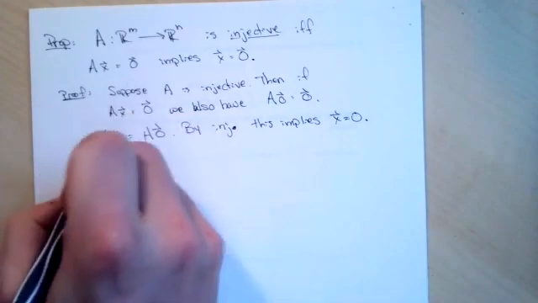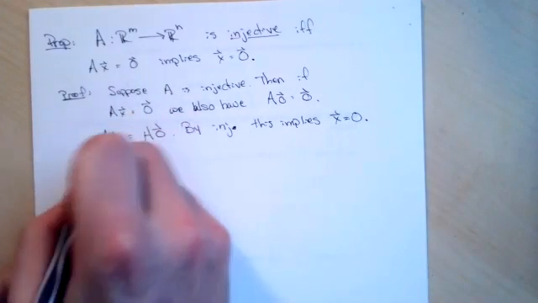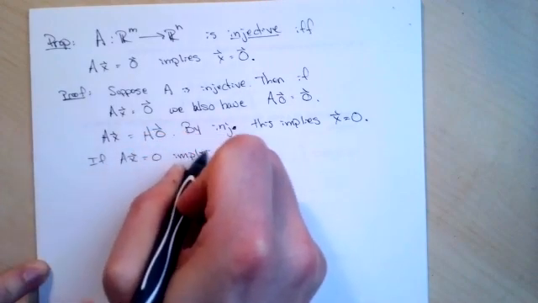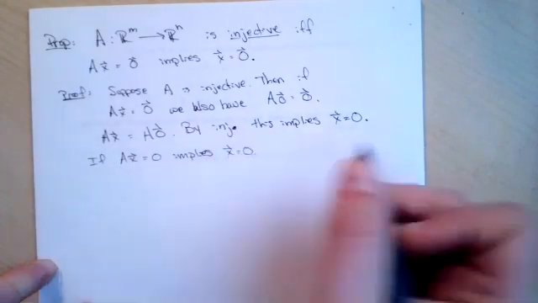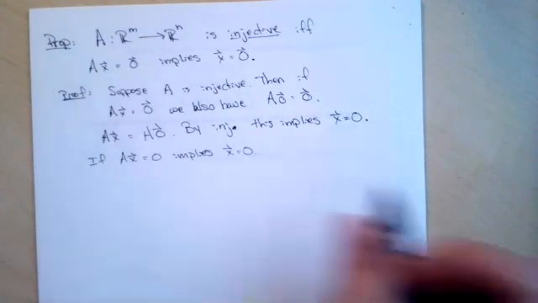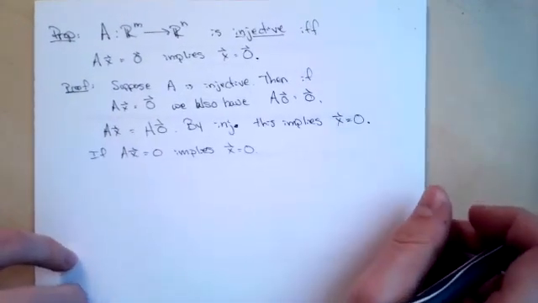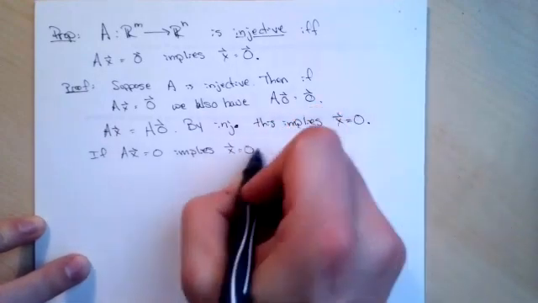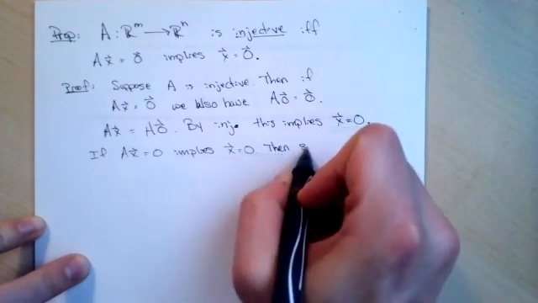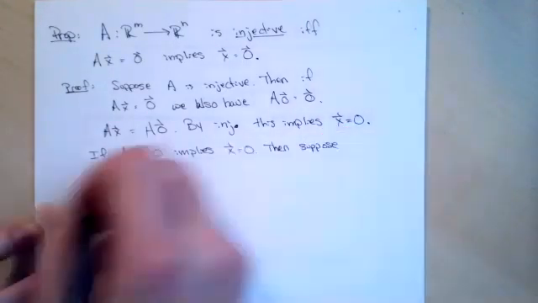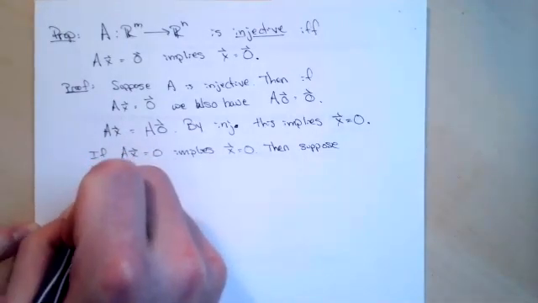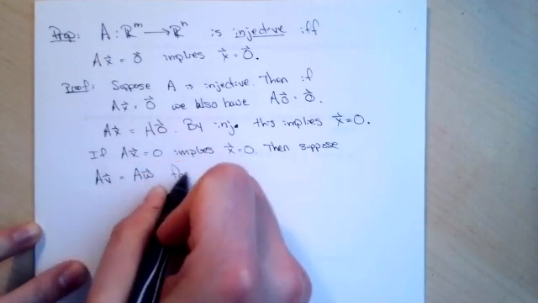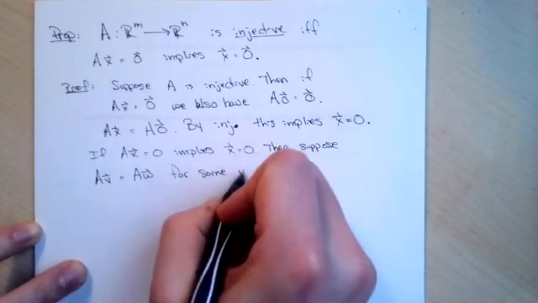So to show the other direction, if Ax equals 0 implies x equals 0, in other words, the only vector that a transformation sends to the 0 vector is the 0 vector itself, we want to show injectivity. Then suppose Av is equal to A times w for some vectors v and w.